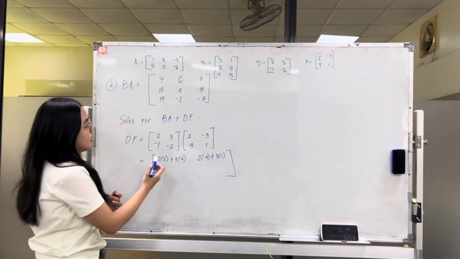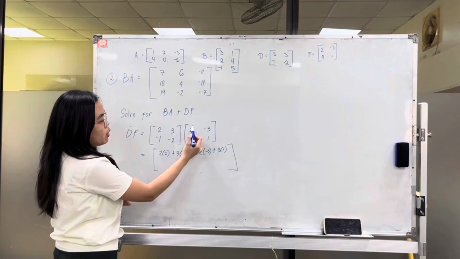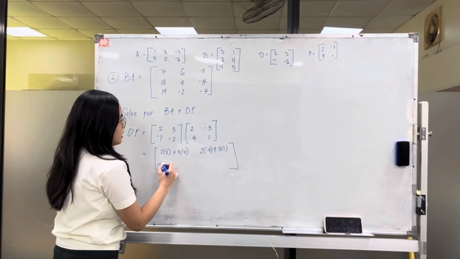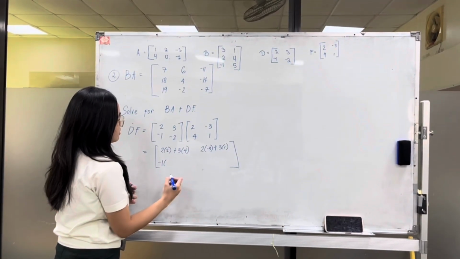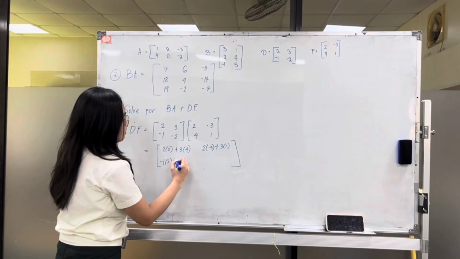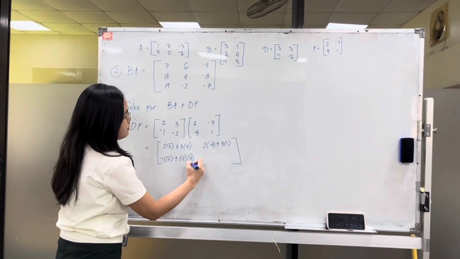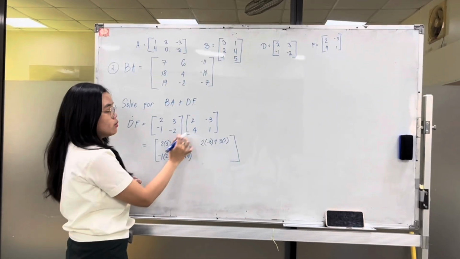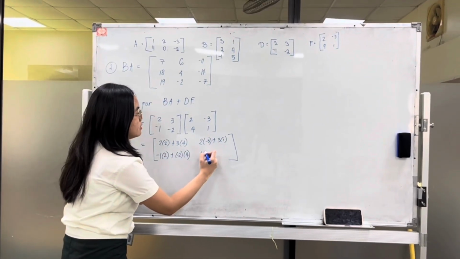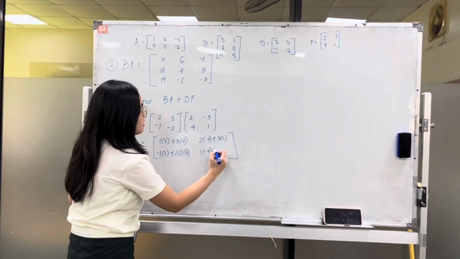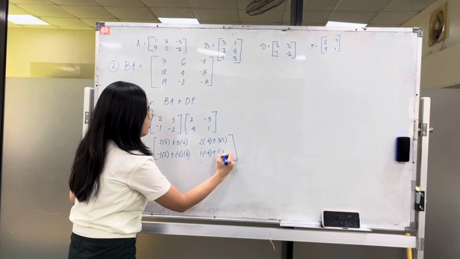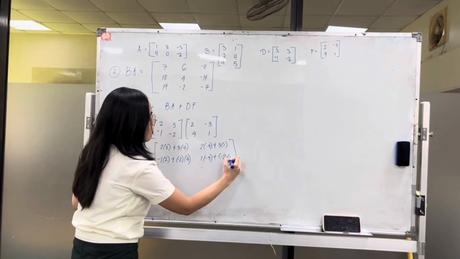Okay? Next, this row, you multiply it to this column. Negative 1 times 2 plus negative 2 times 4. And lastly, this row to this column. Negative 1 times negative 3 plus negative 2 times 1.